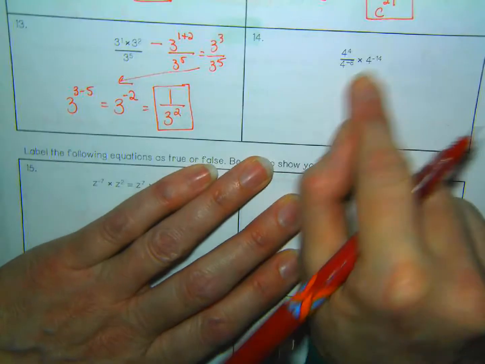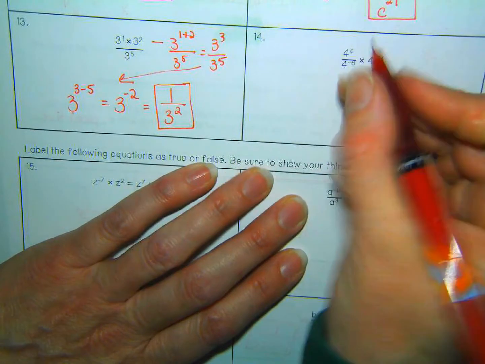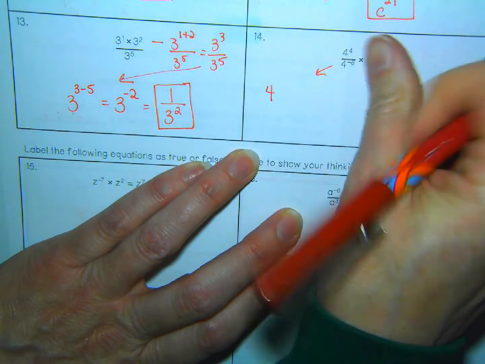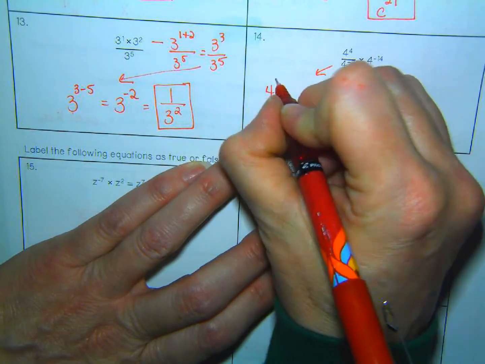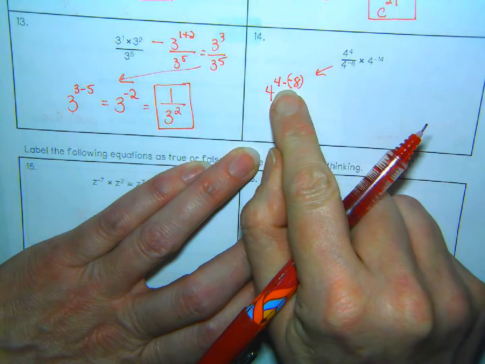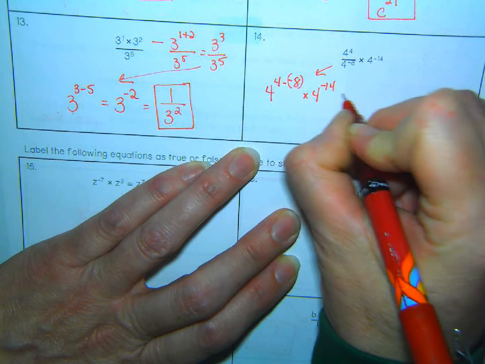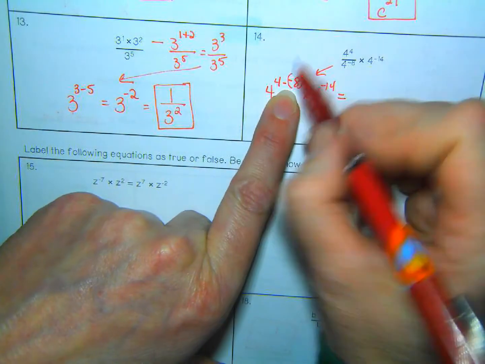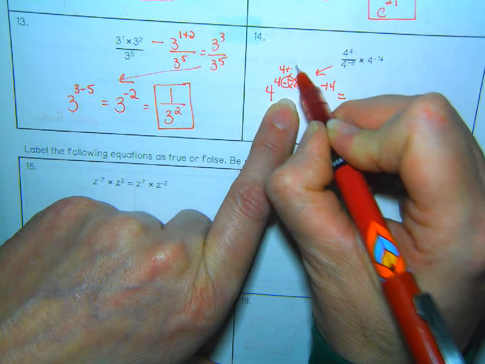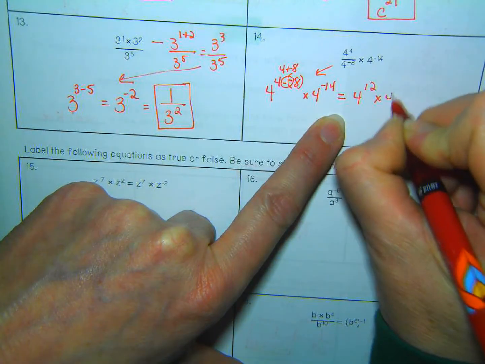Okay, now this one right here. Here we're dividing first and then we're going to multiply. So this right here gives us 4 to the, when we divide like bases, we subtract the exponents. Oh, remember when I told you about this right here? That means that that's 4 plus 8. So that's 4 to the 12th times 4 to the negative 14th.